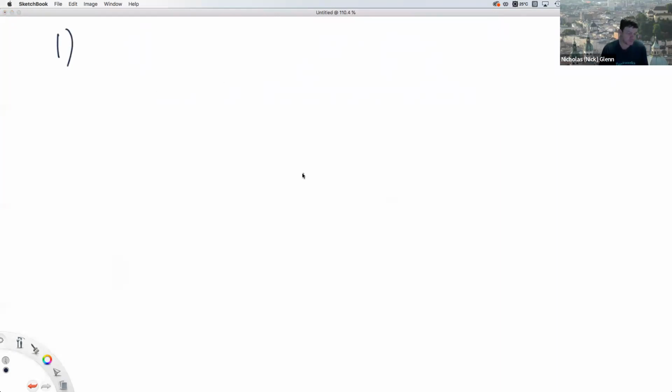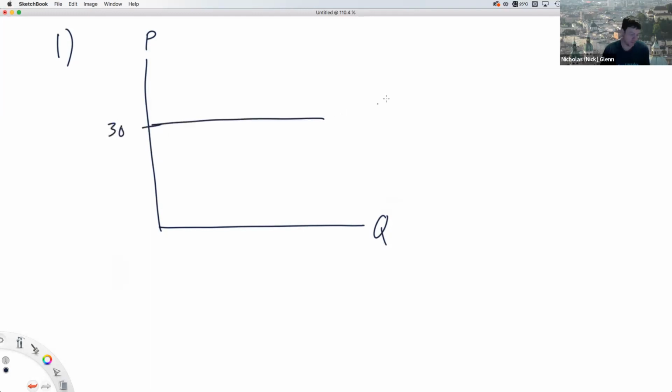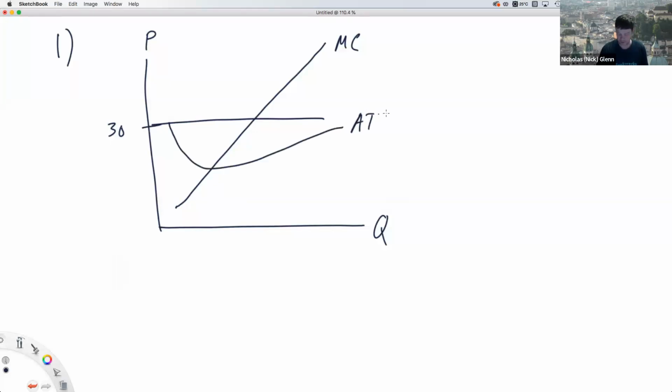Question one. We've got a diagram here. Price on the y-axis, quantity on the x-axis. And we have some marks here, 1 at 30. We have a marginal cost curve going through here like this, and an average total cost curve going like this.